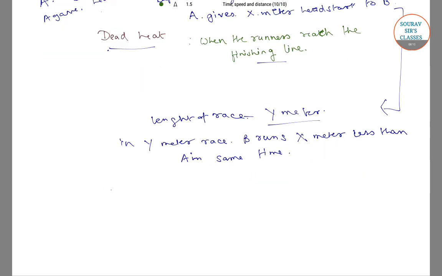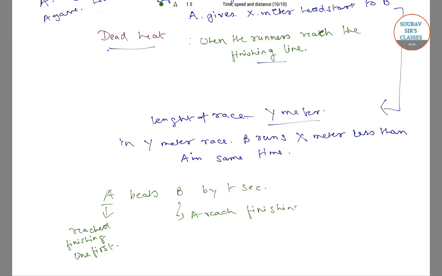When A beats B by T seconds, it means that A has reached the finishing line first, and when A reached the finishing line, B has still some distance to run, which he finished in T seconds.